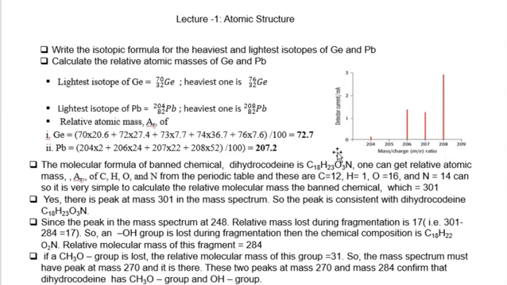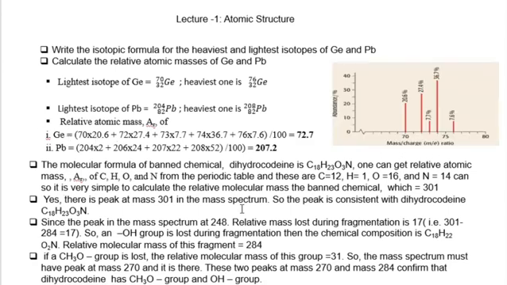Now we have to calculate the relative atomic mass. Remember that we have to take all the peaks, their mass numbers, and their relative abundances. The relative abundance you can get from the value on the y-axis. So here we take germanium. I go back to slide 12.